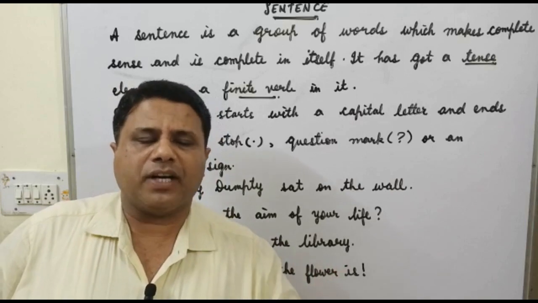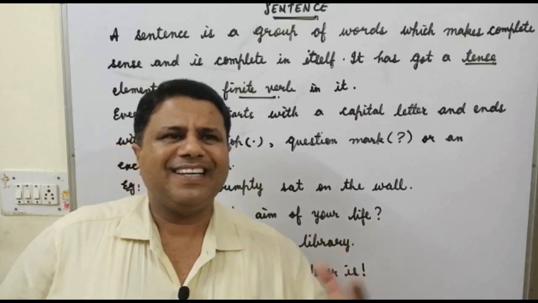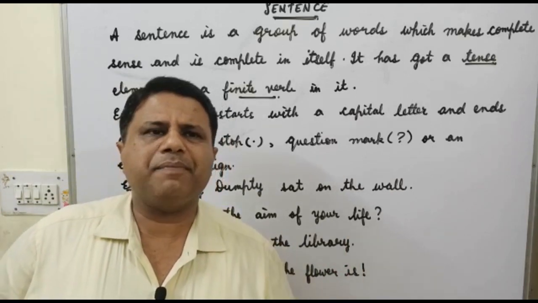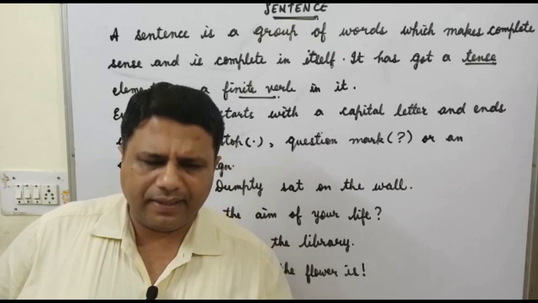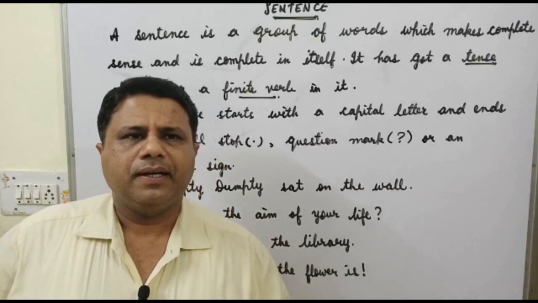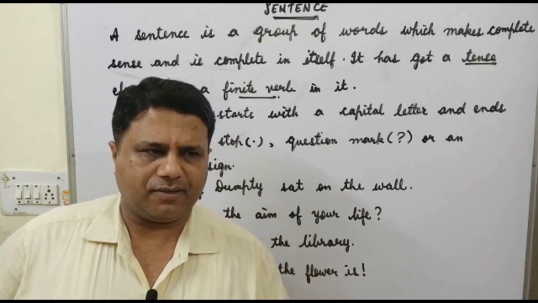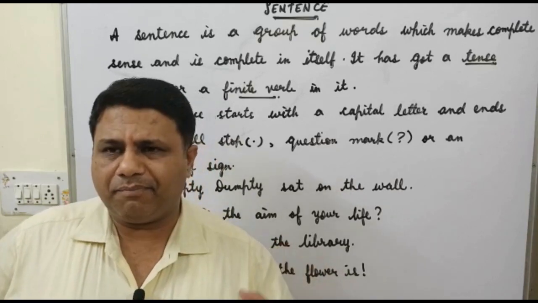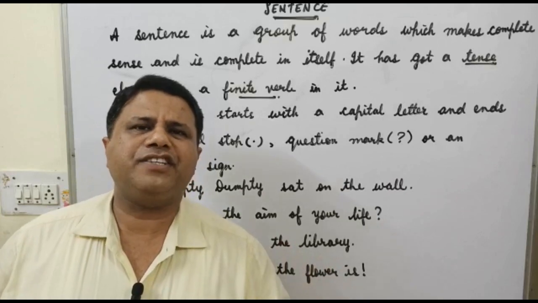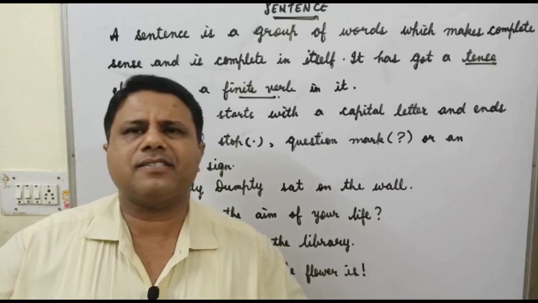Another example can be "shut up." Simply the words shut up can be there. So shut up is a verb, but that does not mean it does not have any subject. The subject is already there, but we are not mentioning it, so it is understood.